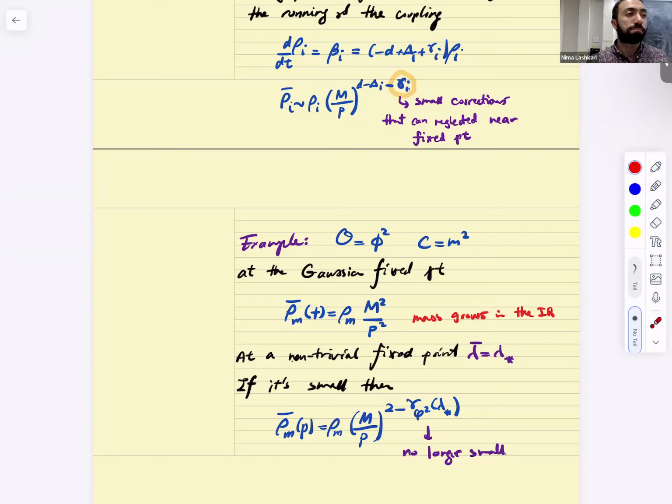All right. And the second question is this: what can you think of about the significance of these anomalous dimensions? Well, correlation length is the significance.